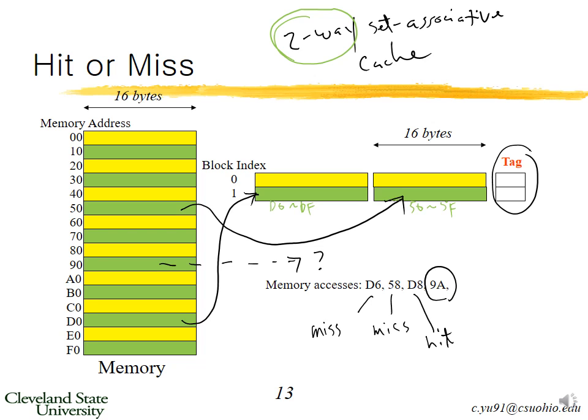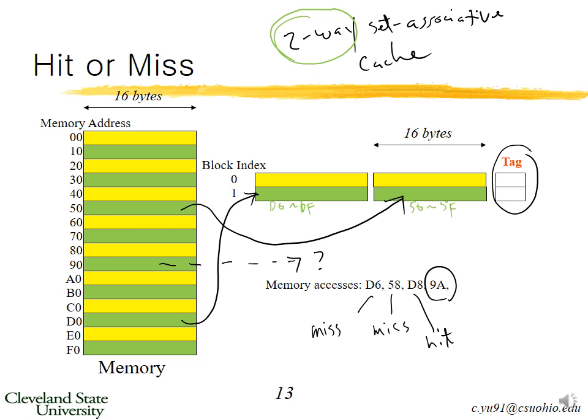On the other hand, 58, you can accommodate into the green colored block in the cache too, because in that set, this is called the set, there are 2 green colored blocks in the cache. So although the first and second are cache misses, the third one, D8, is going to be a cache hit. So this is called the two-way set associative cache.